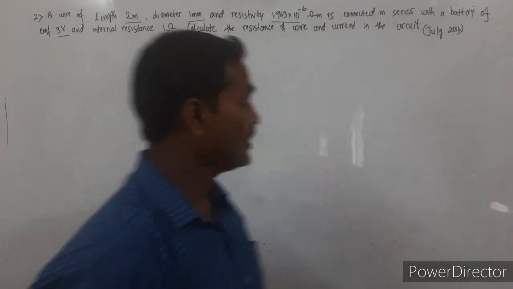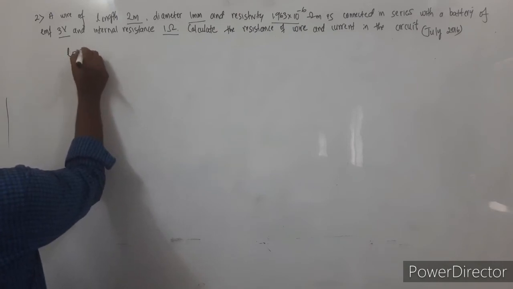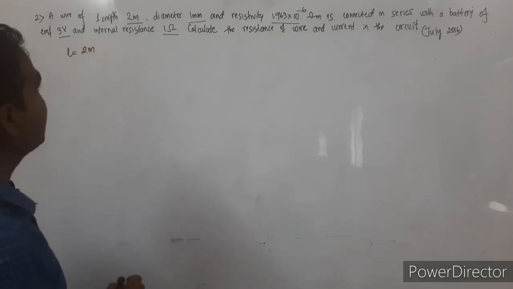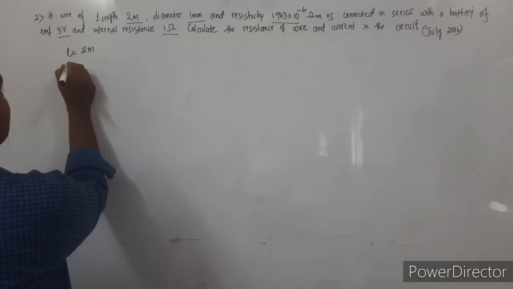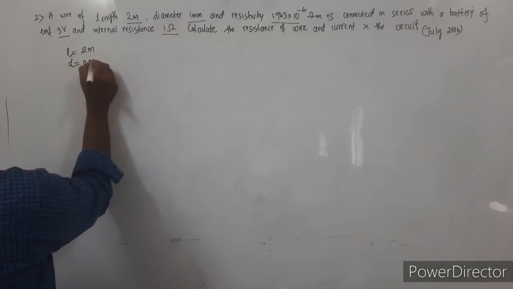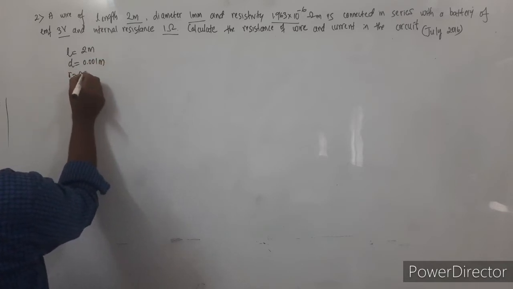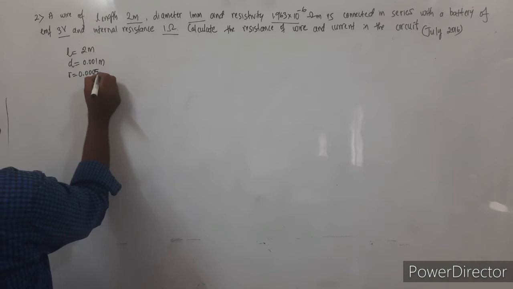Very direct question here. First let us write down the data given. The length of the wire is 2 meters. The diameter D is 1 millimeter, that is 0.001 meter, so the radius R is 0.0005 meters.